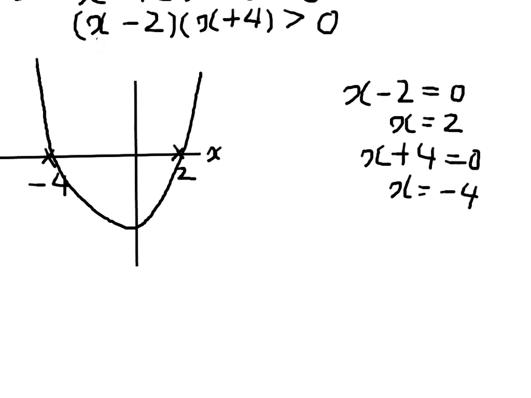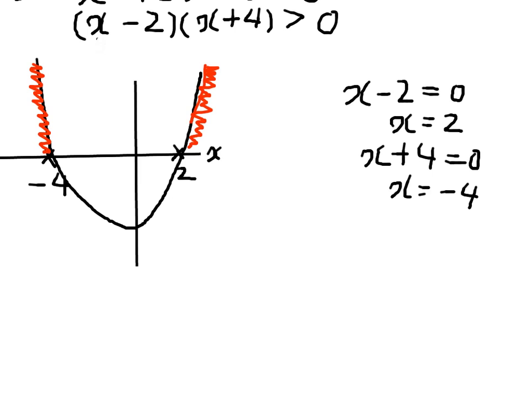Finally, we're going to solve the inequalities. So my solution will lie above 0. This 0 means when y is 0, so it means x-axis. So the bits that's above x-axis is what I want. So I'm just going to change the color of my pen. Bits above x-axis would be here and over here.